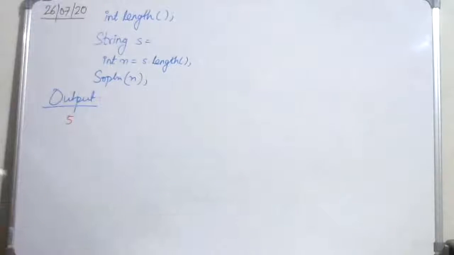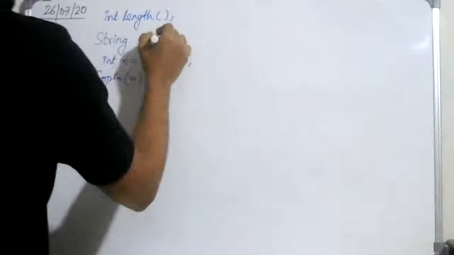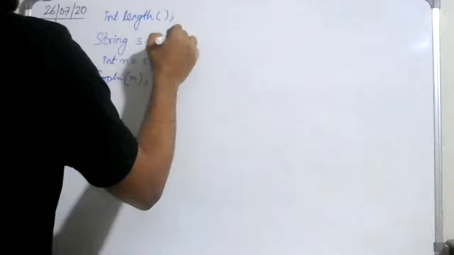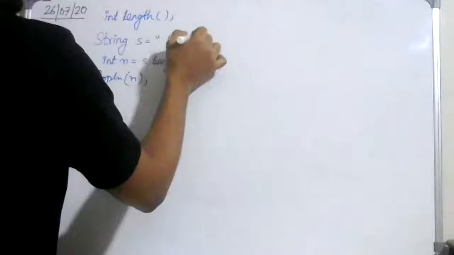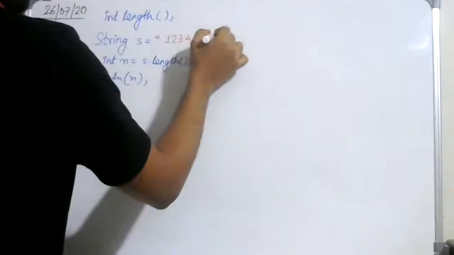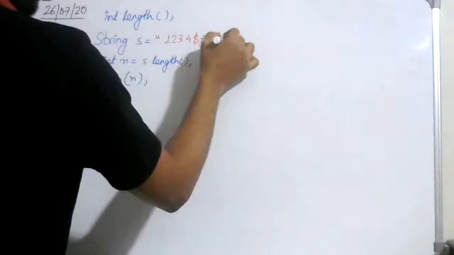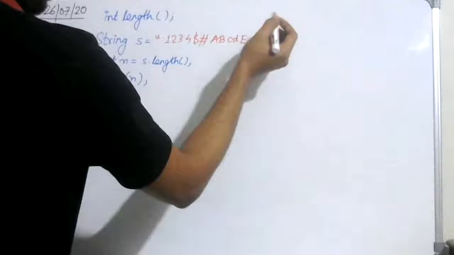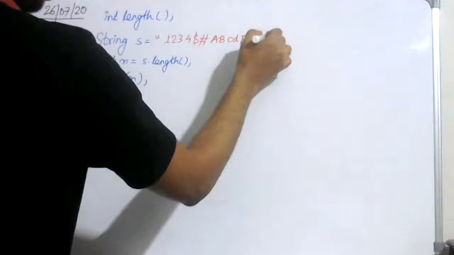Now this string could be anything. It does not necessarily have to contain only letters, because it can count all the characters. Let's say 1, 2, 3, 4, dollar, hash, A, B, C, D, E, star.